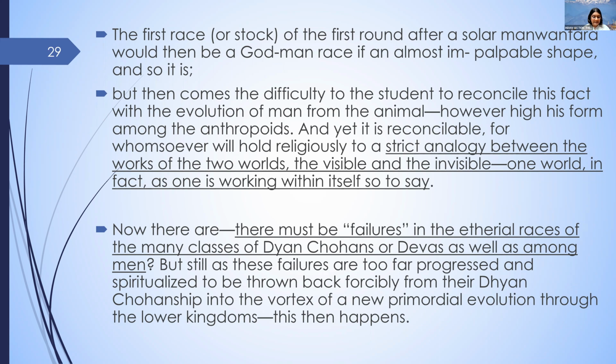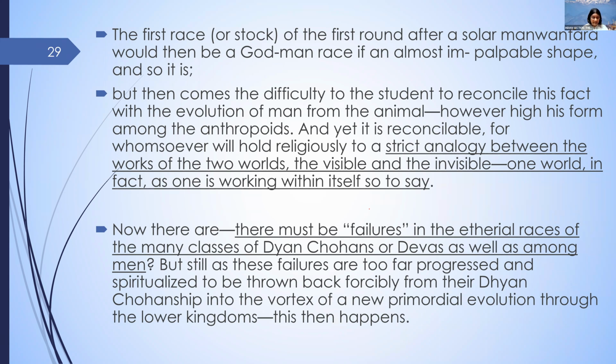Science has this mistaken belief that man evolved from animals. Then how do you reconcile the two? On the one hand, it is a God-man race, which is almost imperceptible to touch. And on the other hand, if we consider that man evolved from animals, so how come he can be God-man-like? How can he be impalpable?